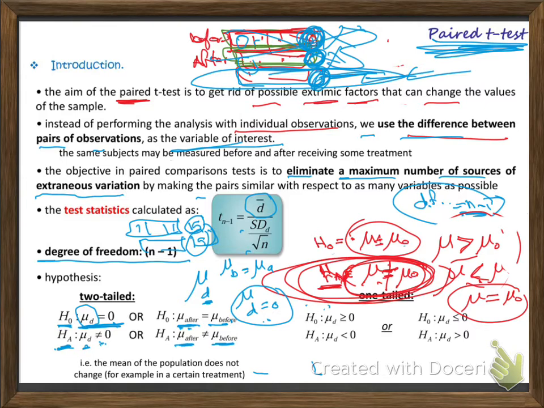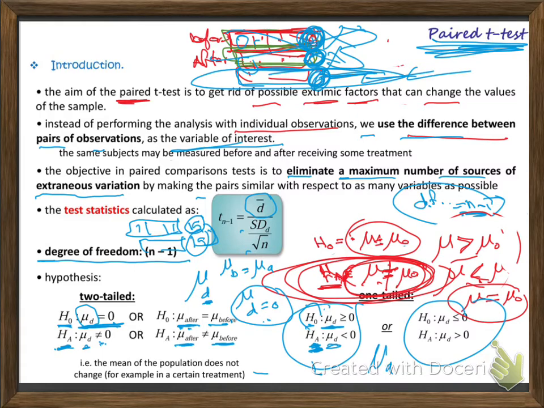If the researcher assumes it is greater than, the researcher's assumption will come to the alternative, and the other way will be the null. If you assume it is less than, the researcher's assumption will come to the alternative, and the null will be the other way around. So here the two options are available, but we are using mu d, the mu of the delta.